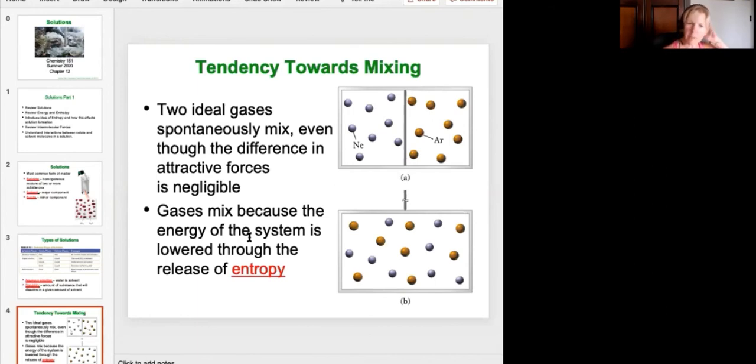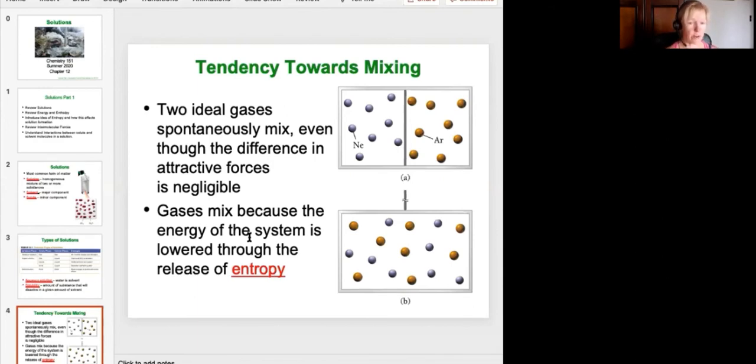We're not going to spend a lot of time on entropy in this chapter. We're going to come back to it when we get into thermochemistry, but just to say that there are two things that are going to affect whether a solution will form. One of them is enthalpy, which we'll come back to in a second. The other one is entropy, and entropy always favors the formation of a solution because you're always increasing the disorder, increasing the movement of those molecules.